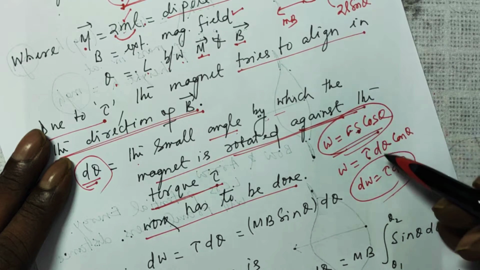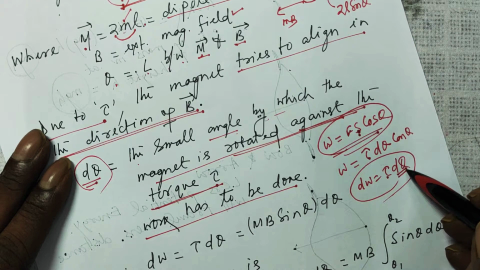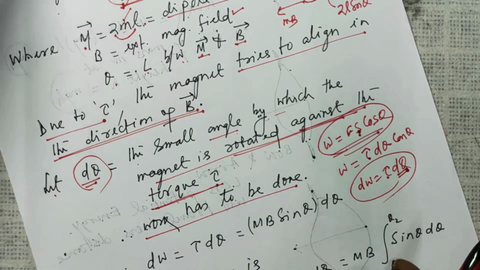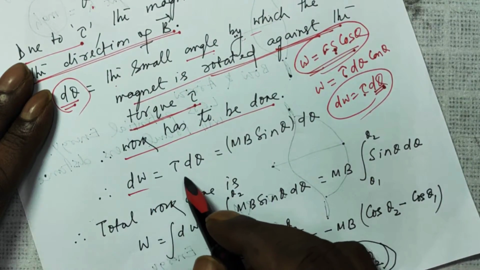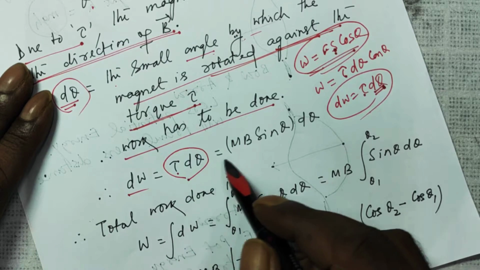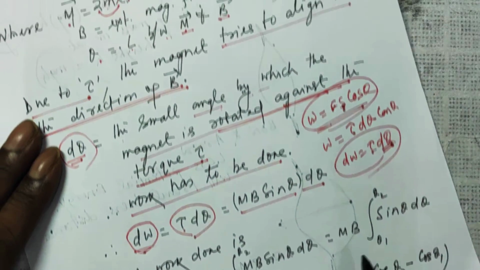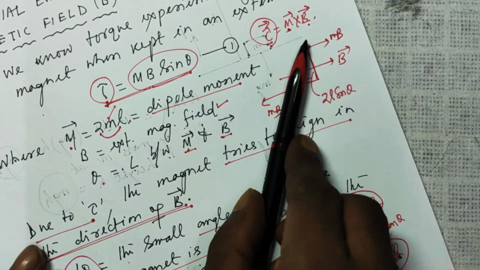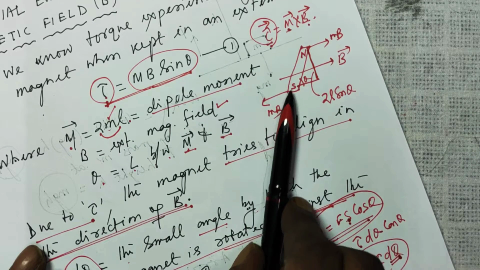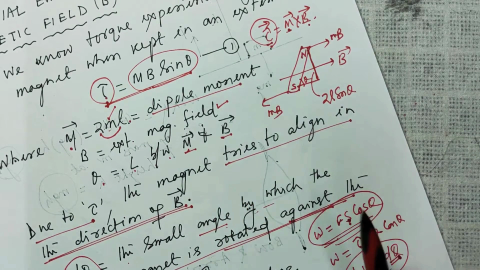The equivalent of force is torque, and the equivalent of displacement is angular displacement d theta. So let the small work done dW be equal to tau d theta. For tau, put mB sin theta d theta. So this is the small work done when you are rotating this dipole, which is a bar magnet having two poles, therefore it is called a dipole, by a small angle d theta to this side.